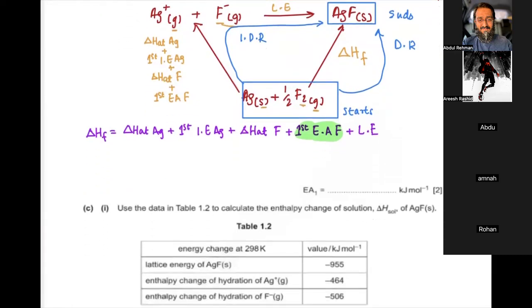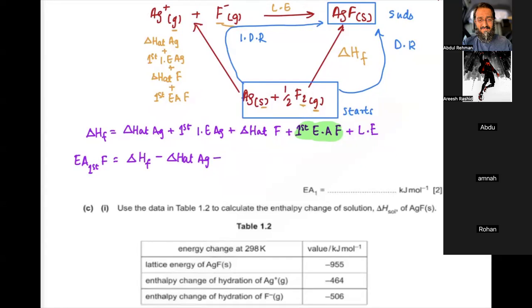So I'm going to make it the subject. The first electron affinity of fluorine is equal to, I am going to keep it this side and move all of the others to the opposite side, the enthalpy change of formation minus the enthalpy change of atomization of silver, and all the things are going to be negative.